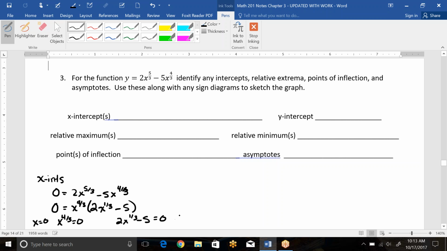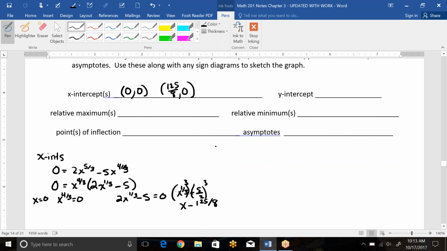The second one, though, you would add 5 and then divide by 2. And then you have to raise everything to the 3rd power because it's a cubed root. So it's actually 125 over 8. So I have x-intercepts of 0, 0, and then 125 over 8, comma 0, which we'll turn into a decimal when we actually go to graph it.